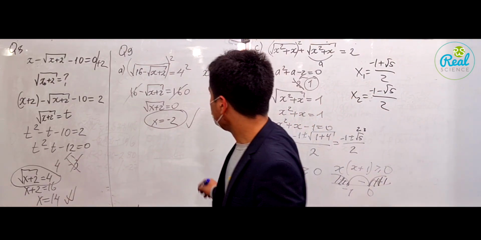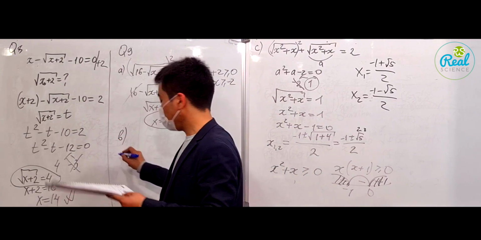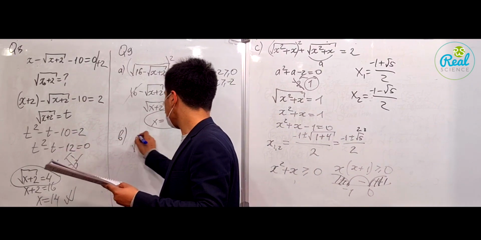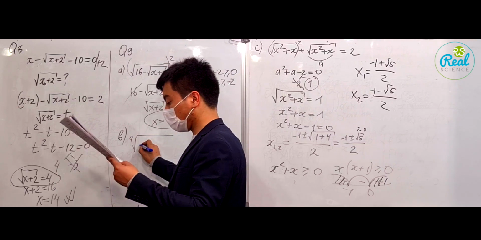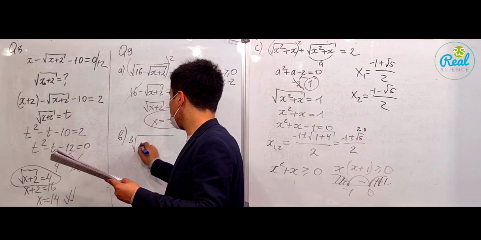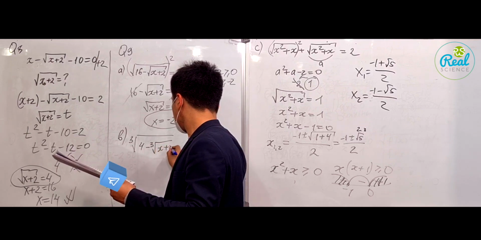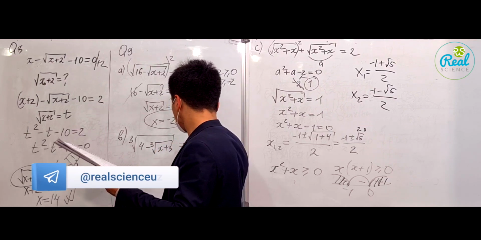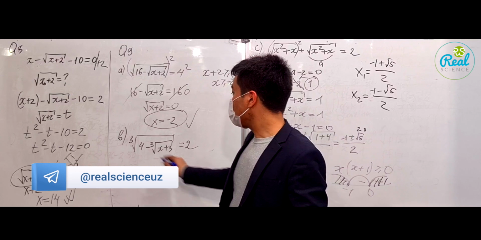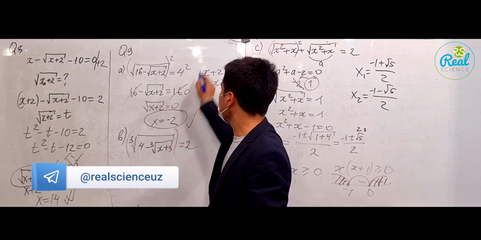Now B1. Question number 9, B1. It's a cube root. We don't need to check the domain of a function like this, yeah?